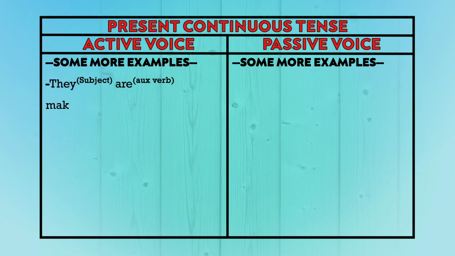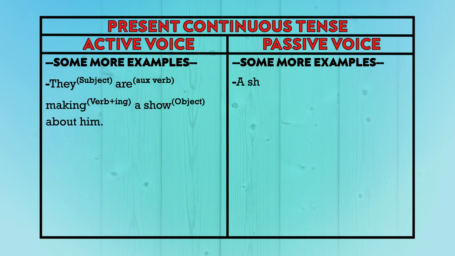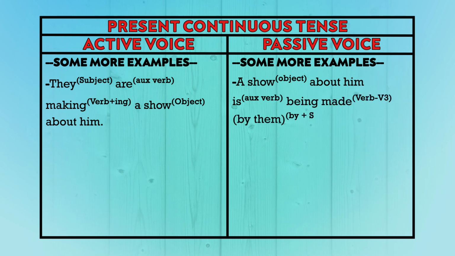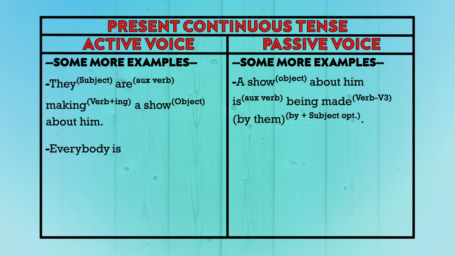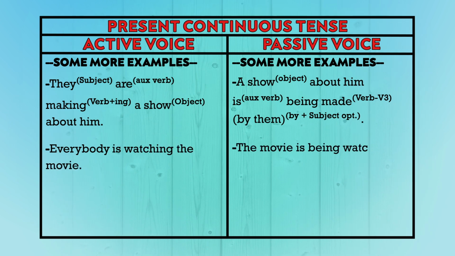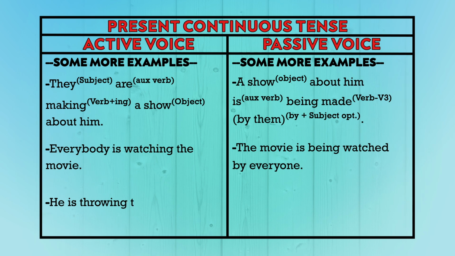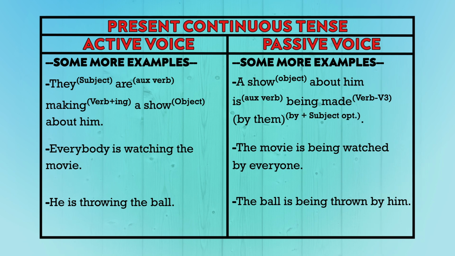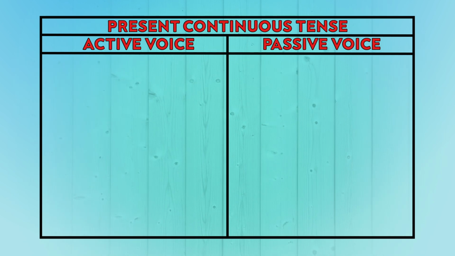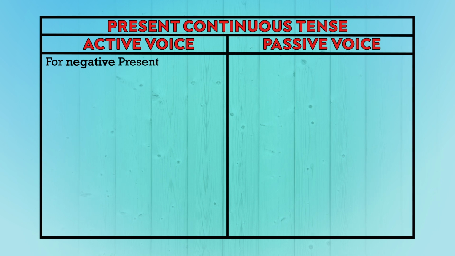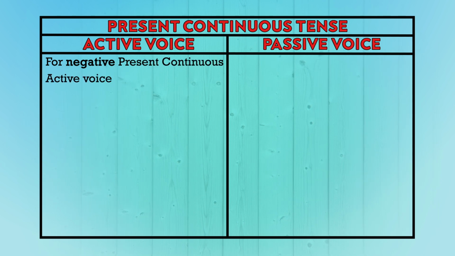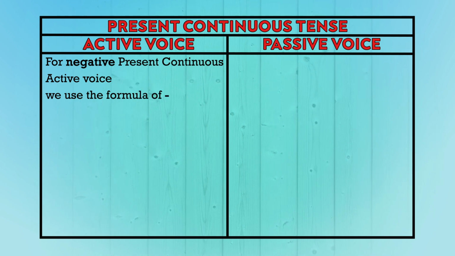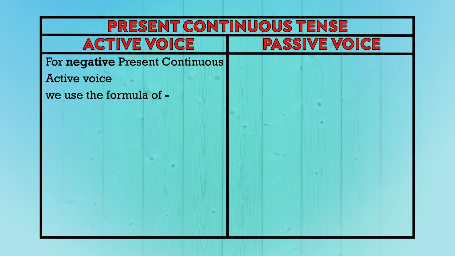They are making a show about him. A show about him is being made, and by them is optional. Okay, now students, for negative present continuous sentences, how do you change negative present continuous from active to passive?